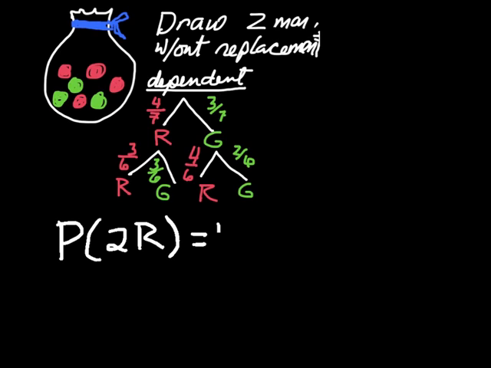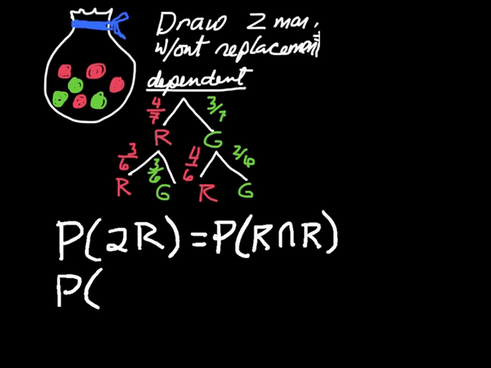Or another way to say that is the probability of drawing a red on the first one and a red on the second one. Or we could say, what's the probability of drawing a green on the first one and a red on the second one? So these are very specific probabilities, and we can do those quite easily.